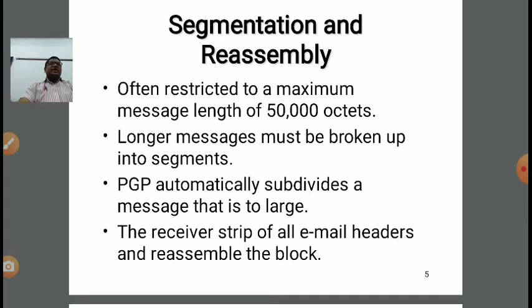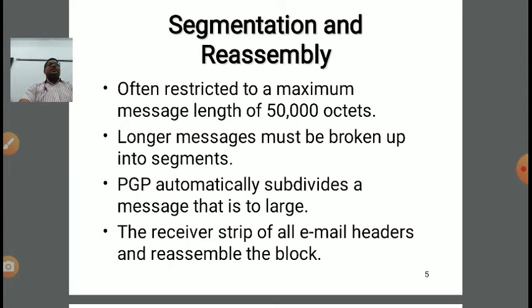Once it is divided, it is transmitted to the receiver. Once the receiver gets the segments, to get the full message at the receiver end, one process needs to be done, that is reassembly.